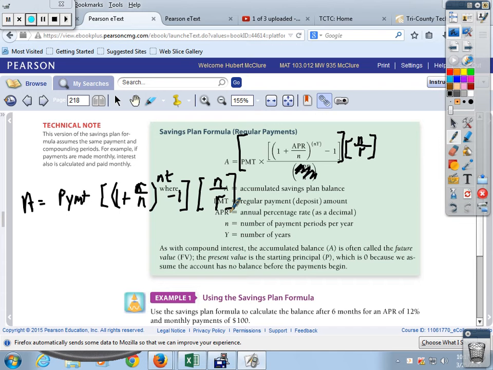You could do it like that, make it a whole lot less cumbersome by doing that. Payment times this times this. Very nice thing to have. At least you know how it works.